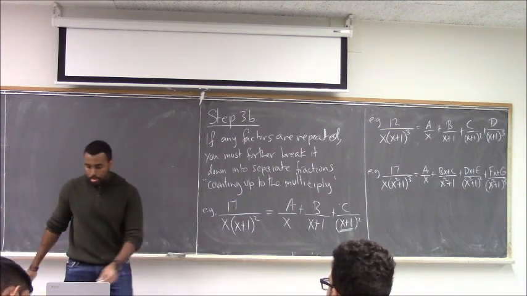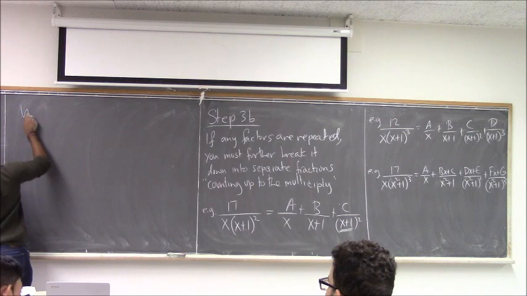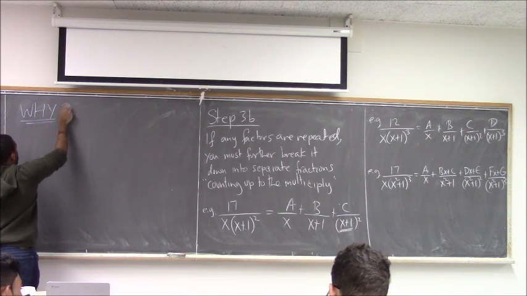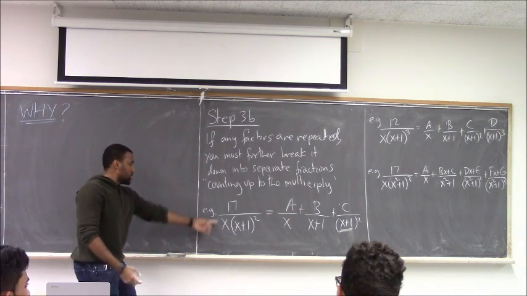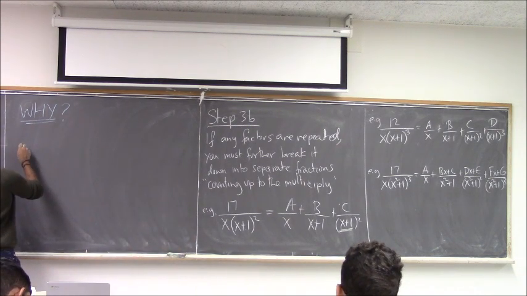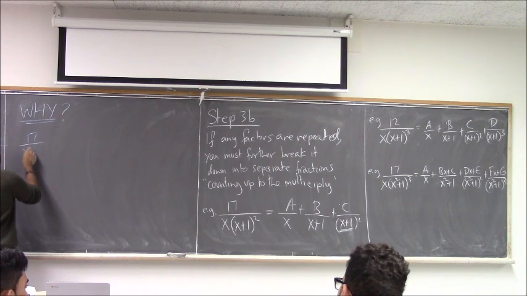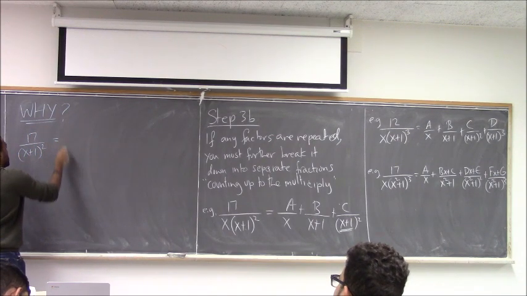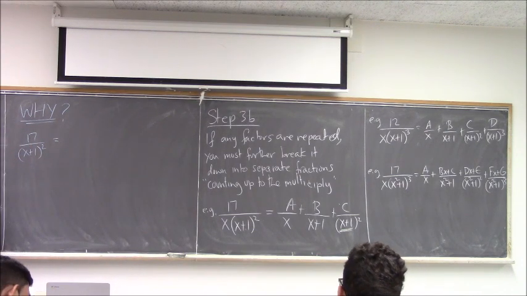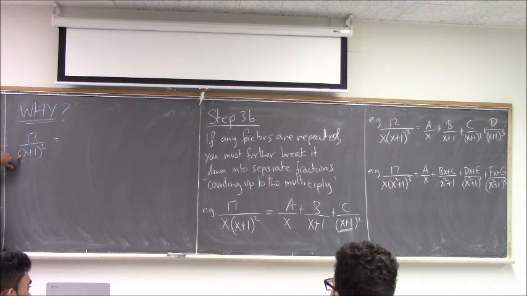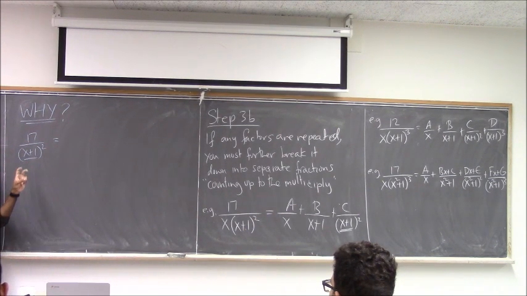Now, part of that might seem like, why would we do that? So here's kind of the idea. Let me illustrate with this one here. If you had something like 17 over x plus 1 squared. Now, if you follow step 3, part A, technically what you'd want to do is, because there's a quadratic on the bottom, you want a linear function on top. But what is an appropriate linear function? It turns out, to get things to simplify nicely, we think of x plus 1 as the new variable, not x.